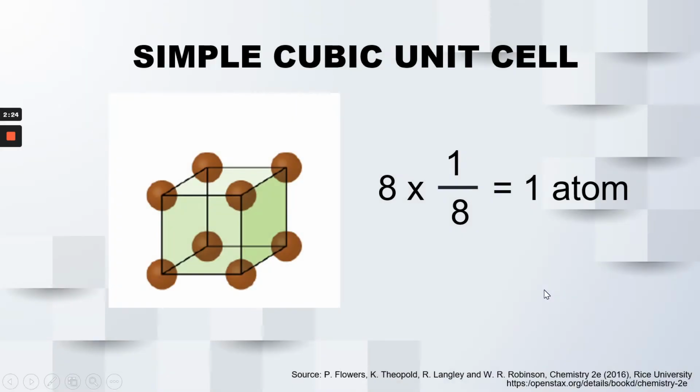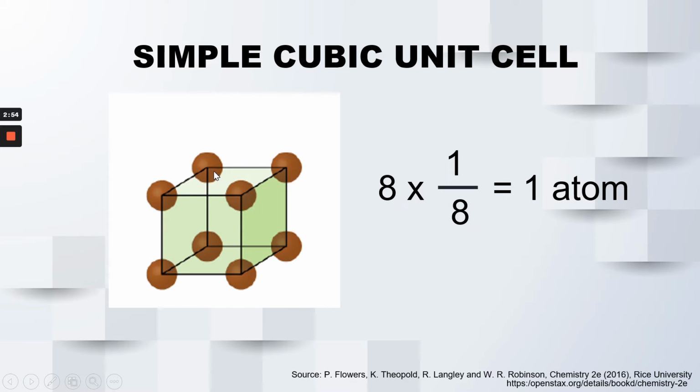First, we go to the simple cubic unit cell. This is the cubic unit cell, and you can see it is in a cubic shape. For the simple cubic unit cell, you can see here, the metal has an atom at each of its 8 corners.